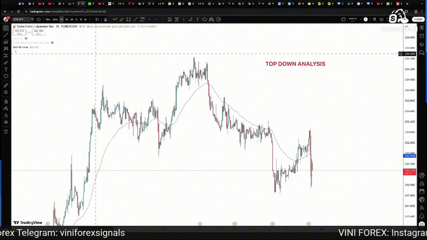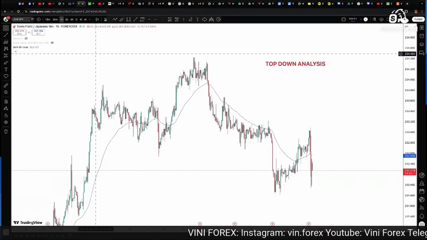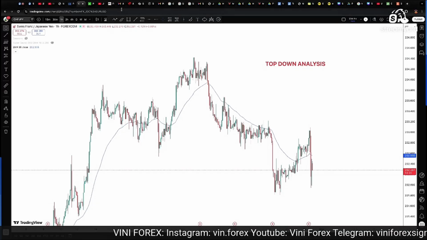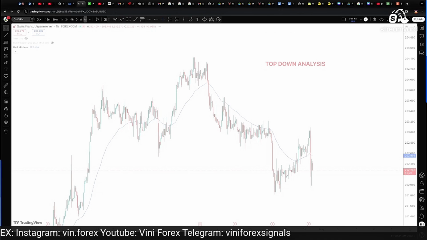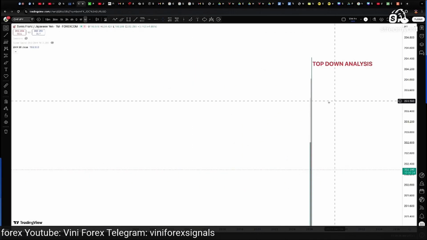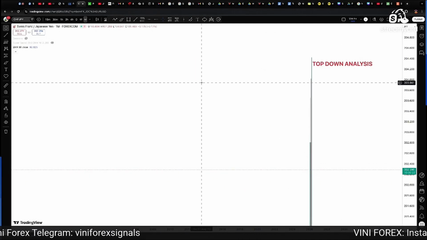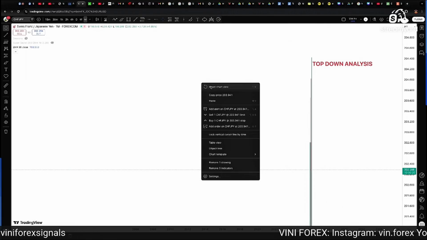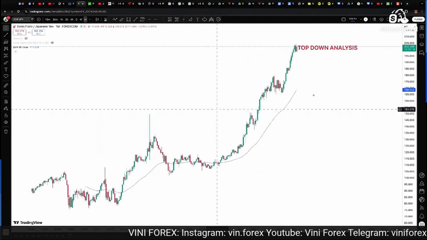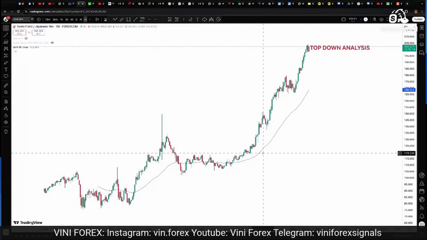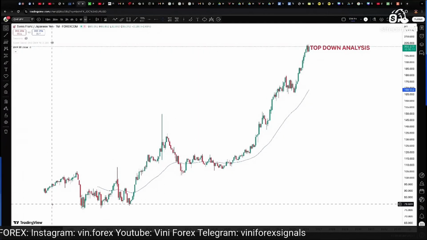Another thing we have to do now is go to the monthly time frame first. I've clicked it, the chart has loaded. Once this happens, I right click my screen and click reset chart view. I just did that, and you can see this market has been bullish.